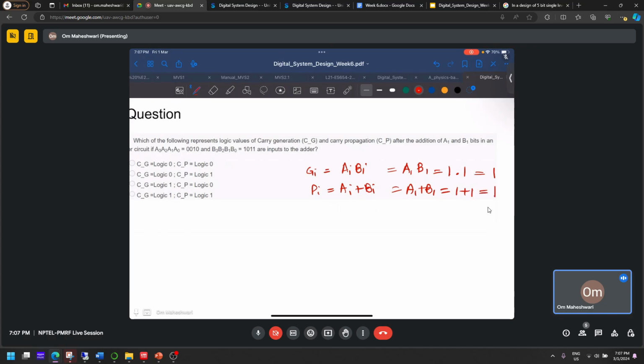Please note this is not addition, this is OR and this is AND. So the answer is logic 1 and logic 1.